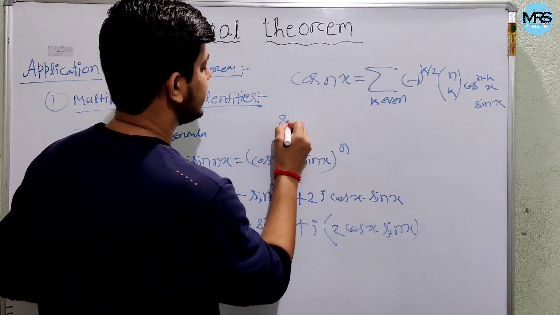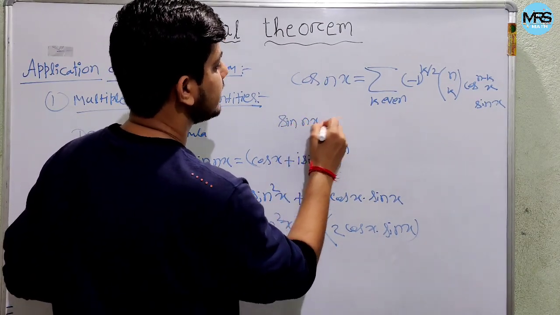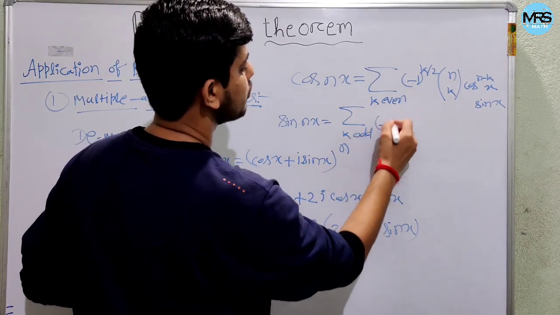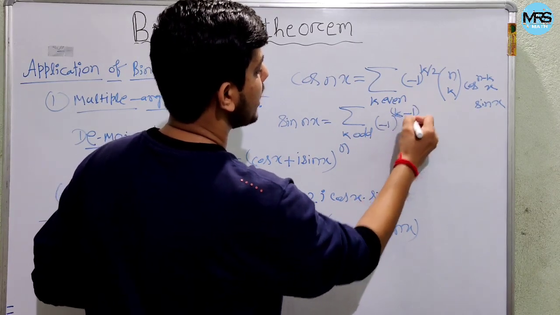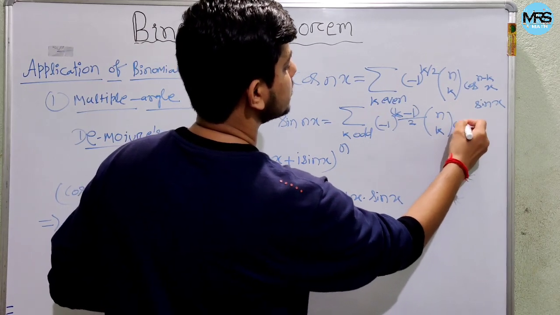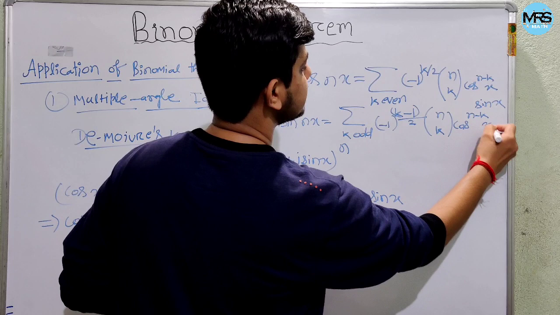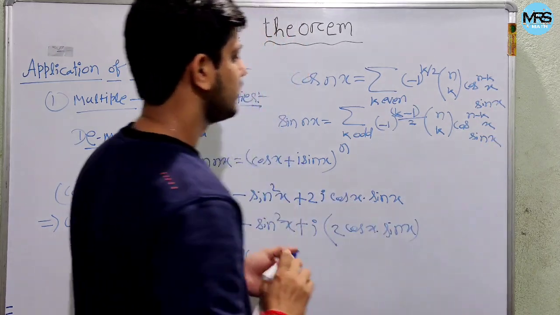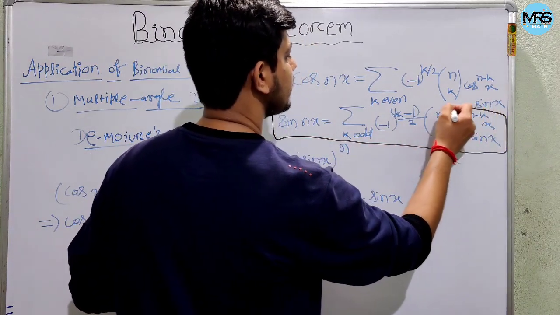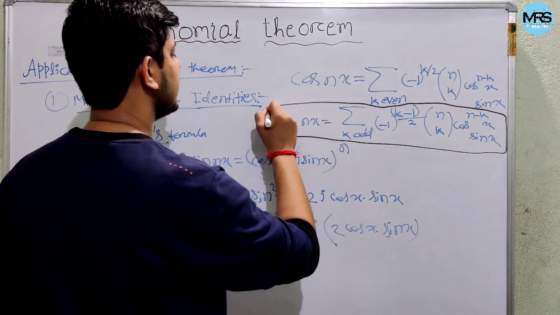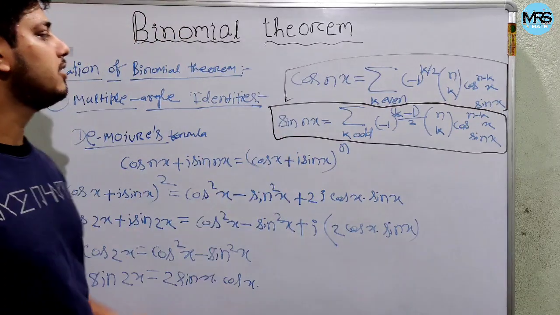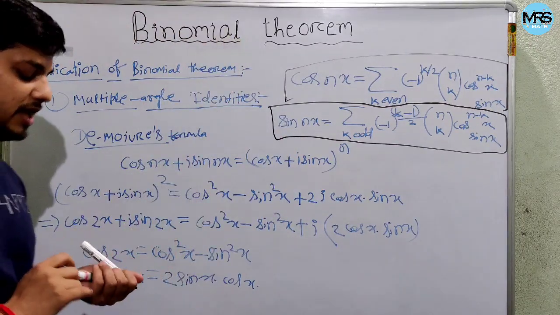Similarly, for sin nx, you will get k odd: minus 1 to the power (k minus 1) over 2, nCk cos to the power n minus k x into sin to the power k x. Okay students, this is the general formula for cos nx and sin nx, right? And this we got with the help of the binomial theorem.